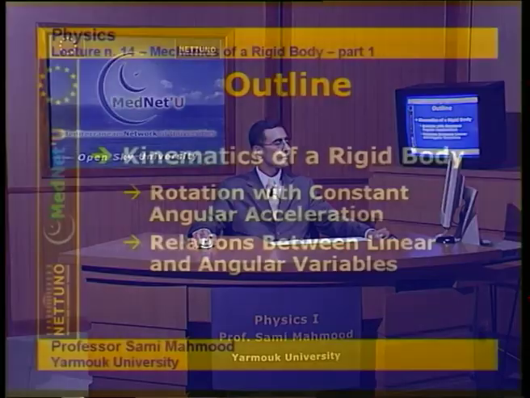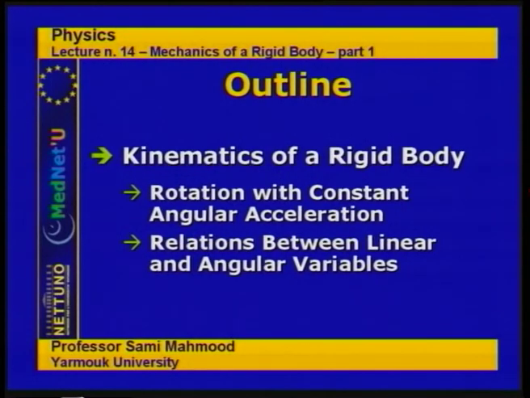And then we will derive the relations between the linear and the angular variables, because there is so much similarity between the one-dimensional translational motion and the rotation of a rigid body around a fixed axis. So we will be concerned with the relation between the linear and angular variables.